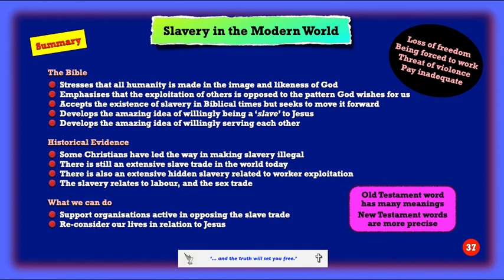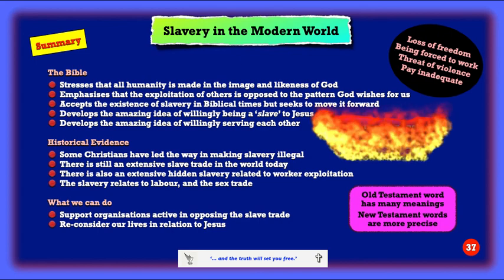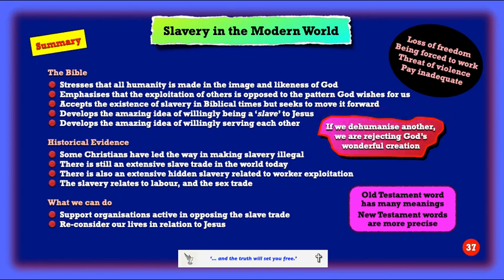Slavery in the modern world, that's the central biblical picture. Let us treat each other with total respect.